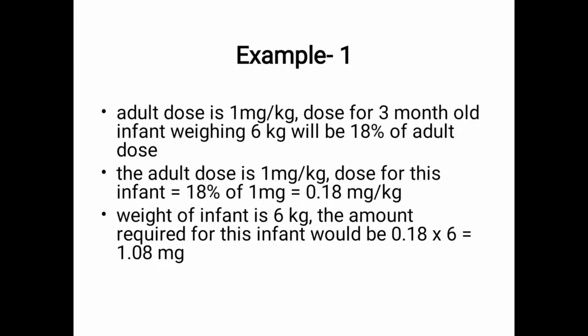The dose for a 3-month-old infant weighing 6 kg will be 18% of the adult dose. This is the given example. So what will we do? The adult dose is 1 mg per kg. The dose for this infant is 18%, so 18% of 1 mg, which converts to 0.18 mg per kg. The weight of the infant is given as 6 kg, so the amount required for this infant would be 0.18 into 6, and our answer is 1.08 mg.